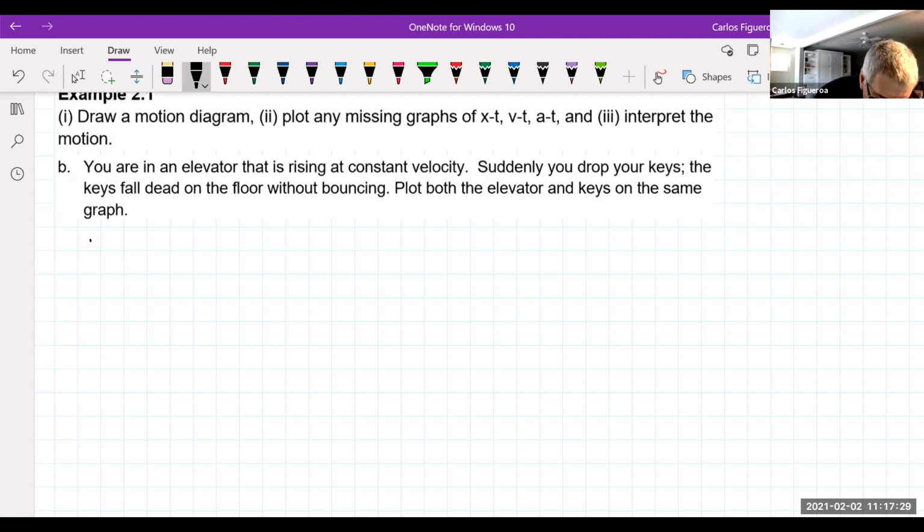Well, so we know that we're moving up at constant velocity, which of course tells us that the acceleration in this interval must be 0. So if I look at my picture, what would I have?